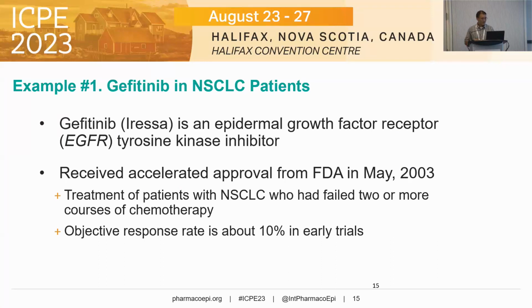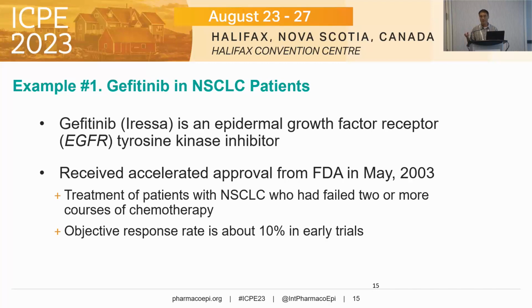So some of you may know gefitinib is one of the first EGFR inhibitors. Again, it targets EGFR alpha kinase. It received accelerated approval from the FDA in 2003, that's 20 years ago. And the approval was based on single arm trials in the treatment of patients who had failed two or more courses of chemotherapy.